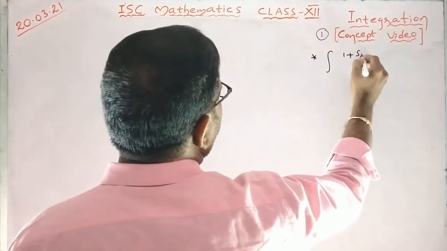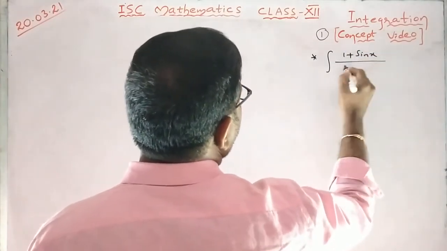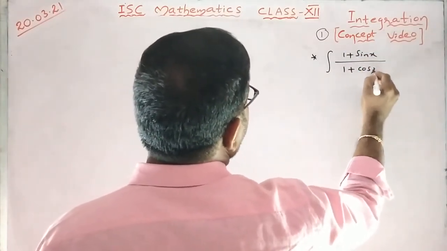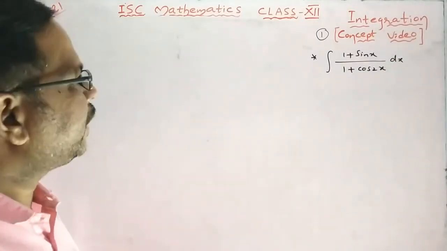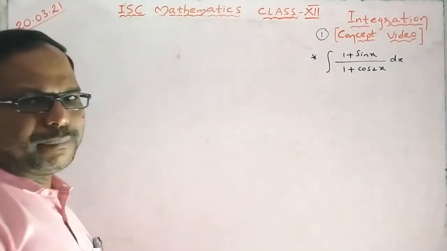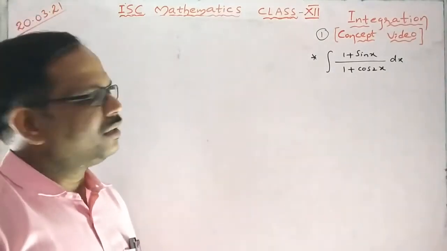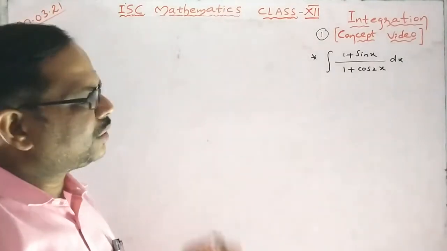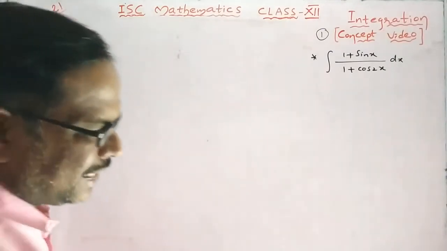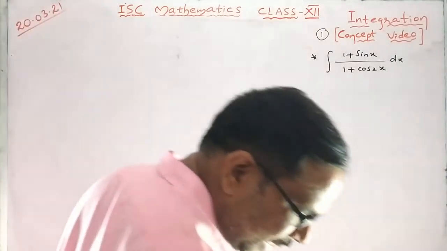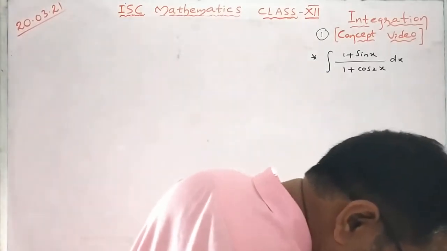Integral 1 plus sin x by 1 plus cos 2x dx. This exercise 8.1 is completely depending on basic formulas. So I explained all the basic formulas. Now a little extension I am going. 1 plus sin x by 1 plus cos 2x.